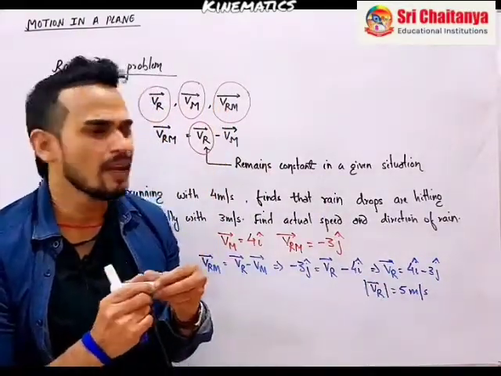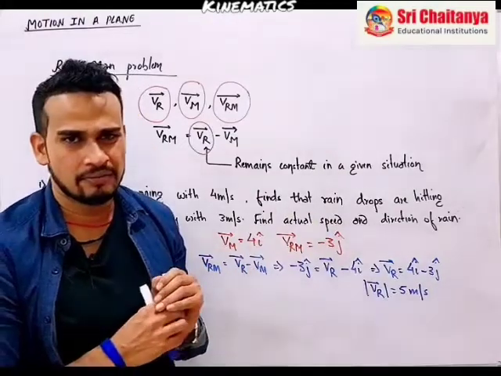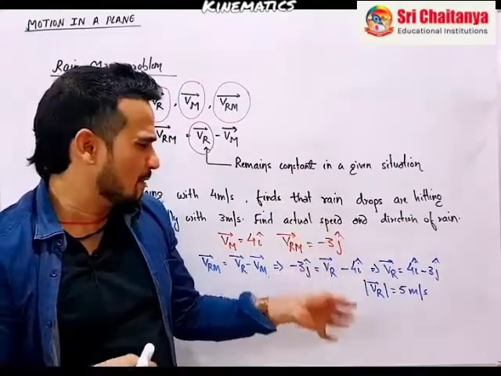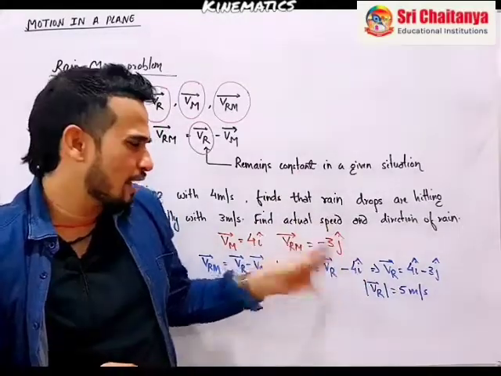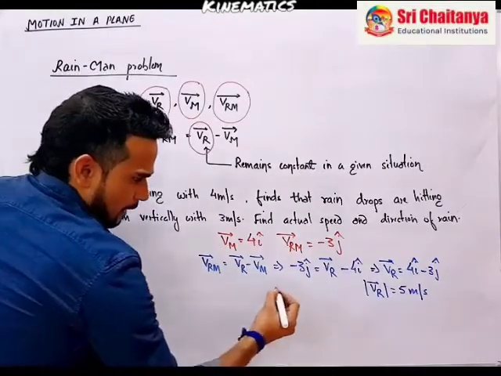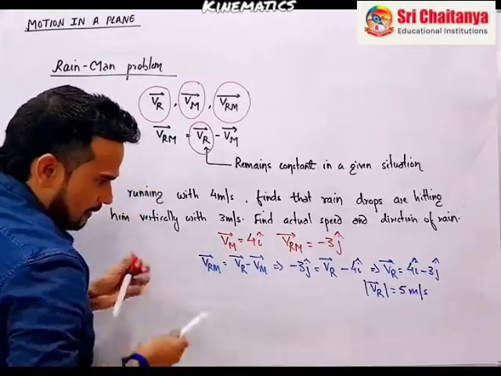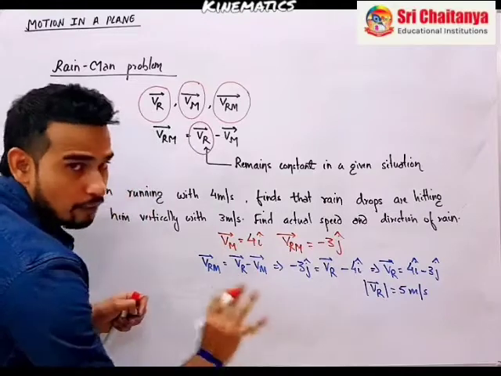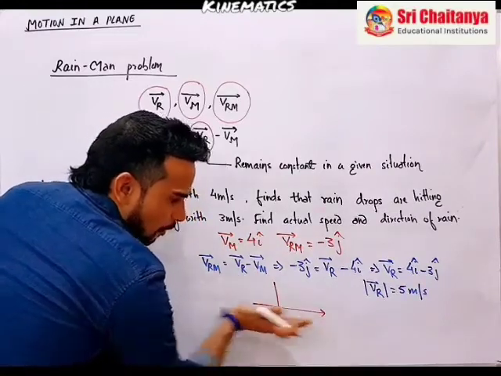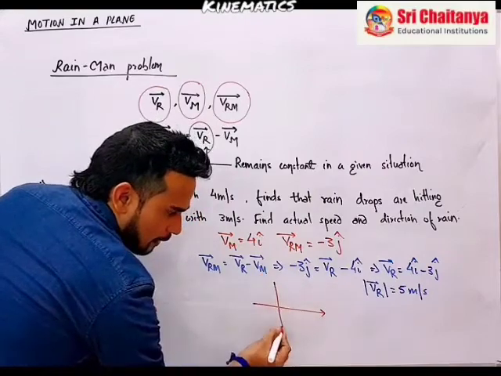Now, how to get the direction? In direction, students start feeling problems, so just see the method and how to write the direction. This is the process you have to follow. This is our horizontal direction and this is our vertical direction.